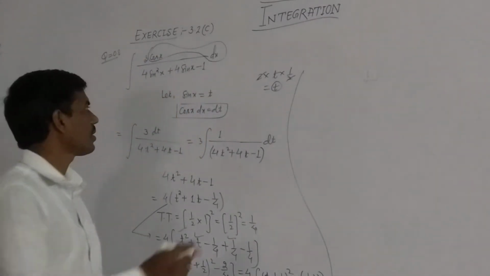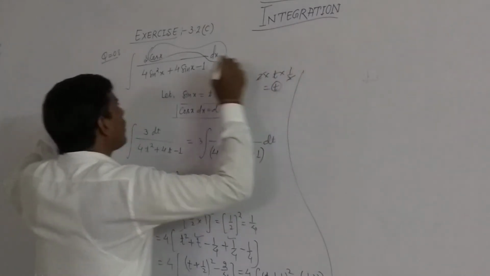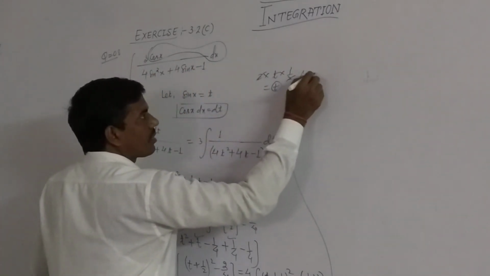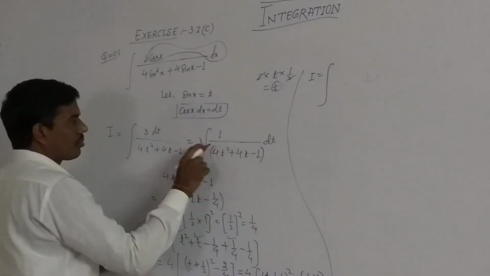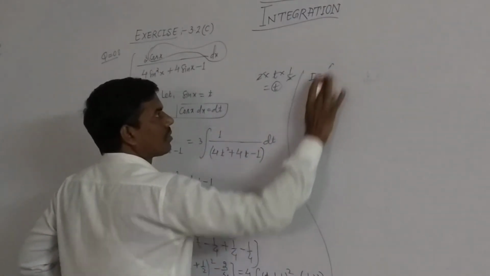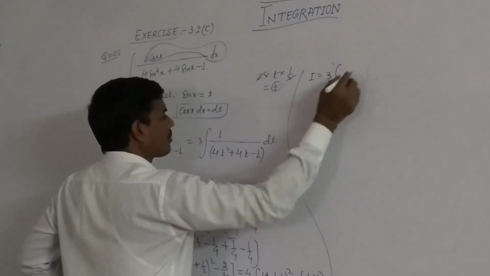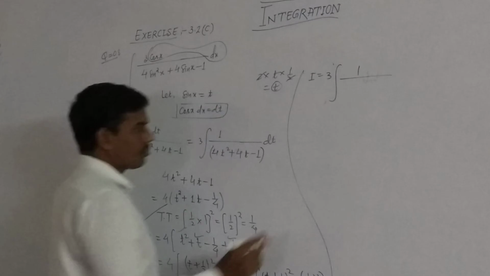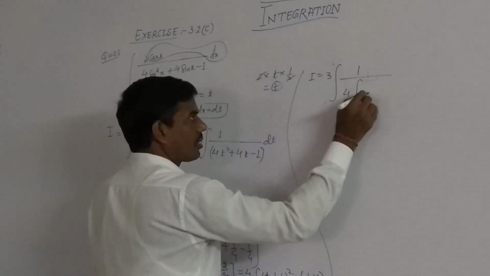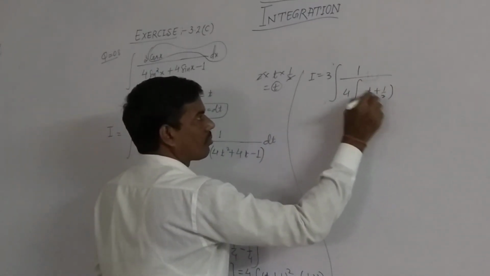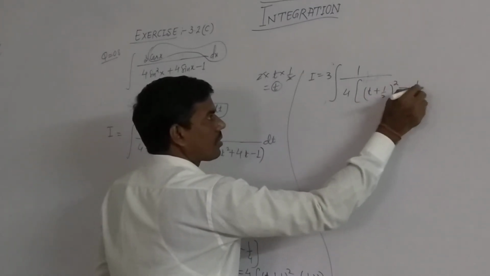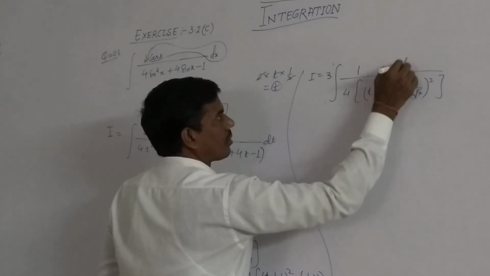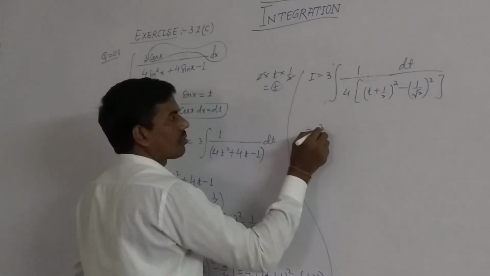Let this be I. So I is equal to 3 times 1 upon 4 into 1 upon t plus 1/2 to the whole square minus 1 upon root 2 to the whole square dt.